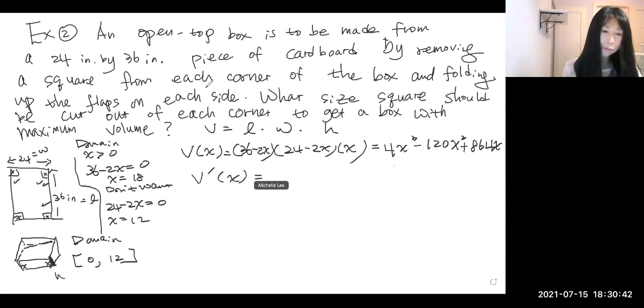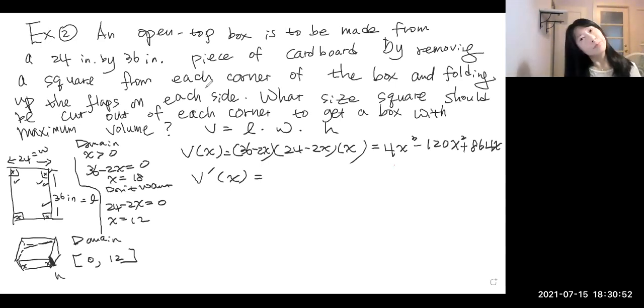We need the derivative. 12x squared minus 24x plus 864. Okay, thank you.